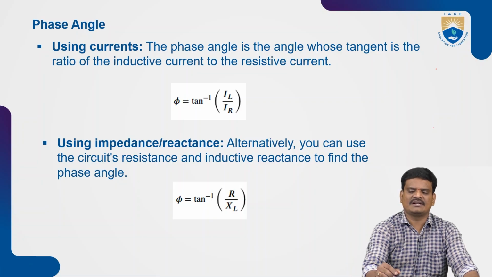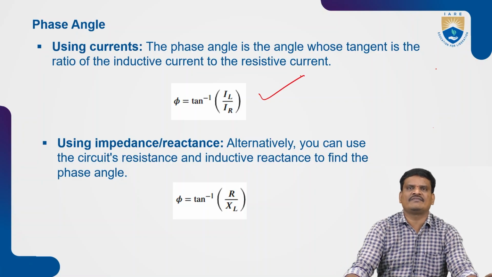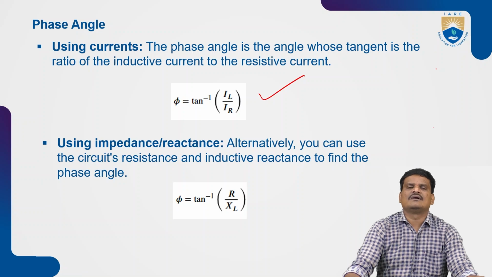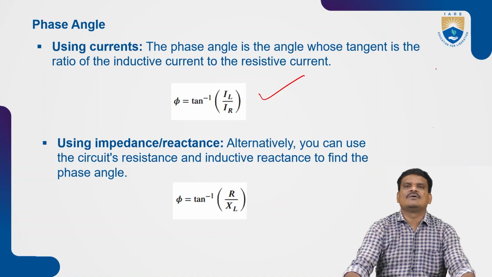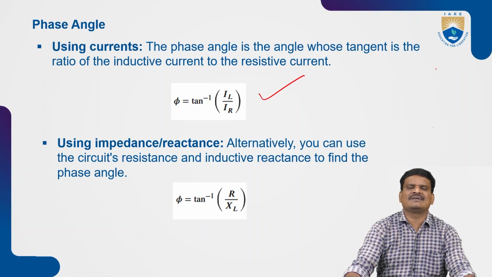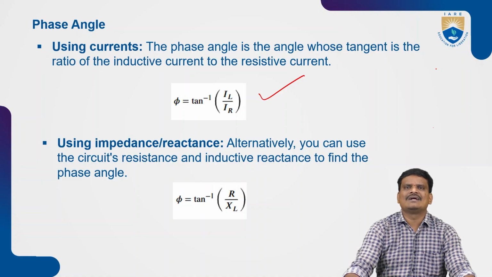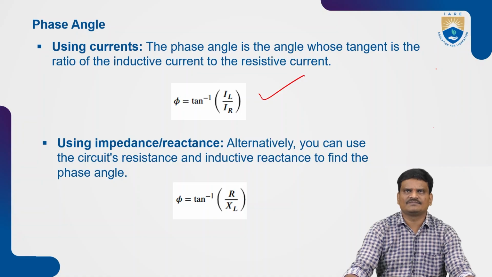By using the phasor diagram, I can represent the phase angle in terms of inductor current and resistor current, that is phi equal to tan inverse of IL by IR, or else in terms of resistance and reactance, phi equal to tan inverse of R by XL.